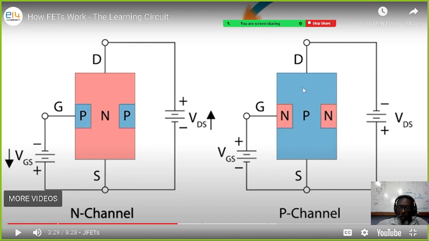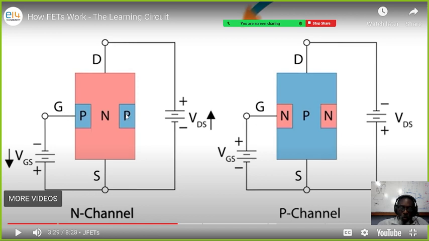Same thing right here: this is a P-channel inside here, and to cut it off you would have to increase the voltage at the gate again. Notice that this P right here can grow when you put a voltage on it.